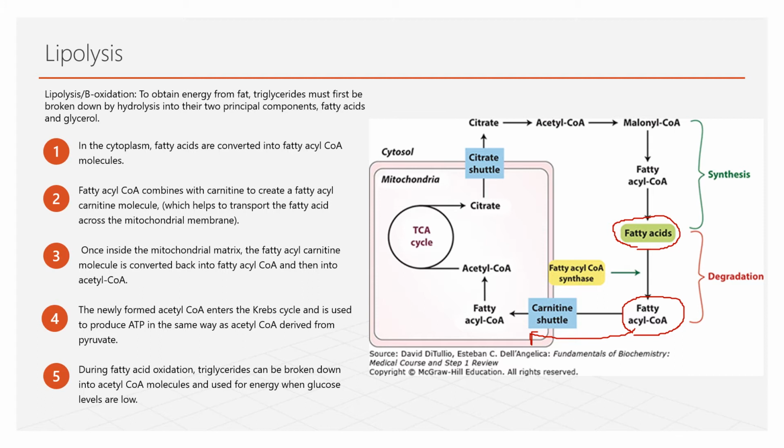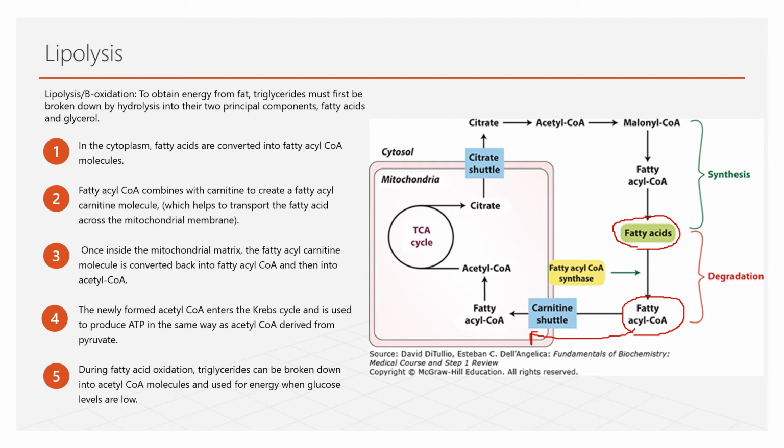So the fatty acyl-CoA cannot pass through the membrane and enter the mitochondria. At this point, there is a transport system to transport the fatty acyl-CoA into the mitochondria, known as the carnitine shuttle. During this reaction, the acyl-CoA is transiently attached to the hydroxyl group of carnitine to form a molecule called fatty acyl carnitine.